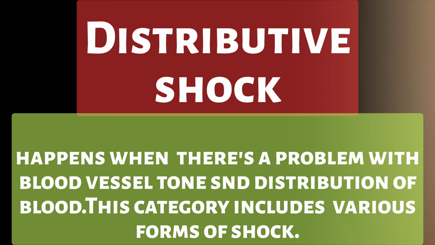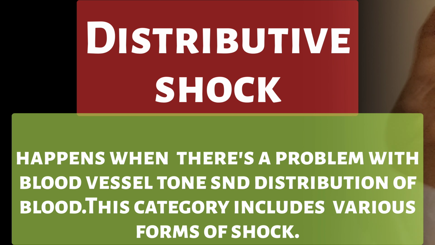And then we have another type of shock that is called distributive shock. This category includes various forms of shock where there is a problem with blood vessel tone and distribution of blood. Distributive is self-explanatory.